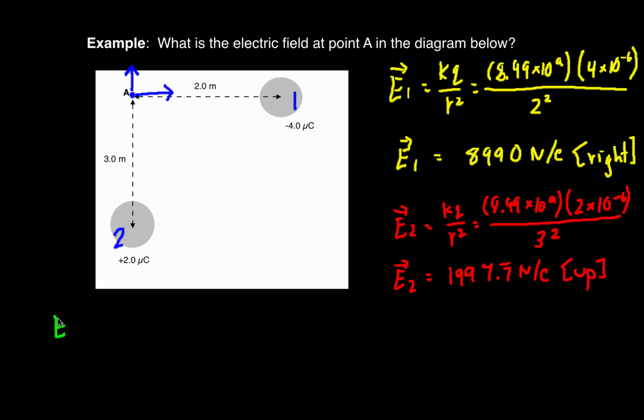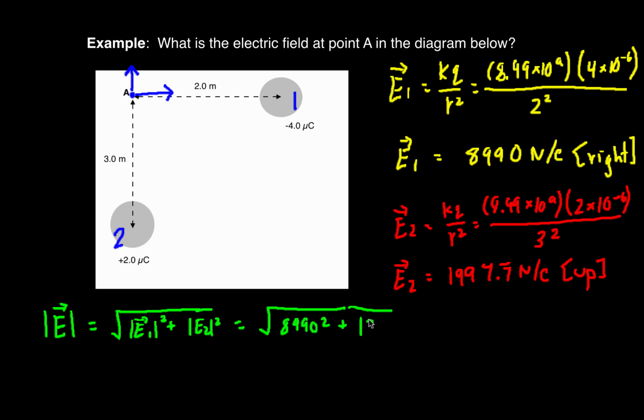So the magnitude of the total electric field, we put this in absolute value signs to show that this is the magnitude without the direction, will be given by the root of electric field of 1 plus the electric field of 2, both squared, Pythagorean theorem, which gives us the root of 8990 squared plus 1997.7 repeating squared, which gives us a magnitude of electric field at this point in space equal to 9,209 newtons per coulomb.